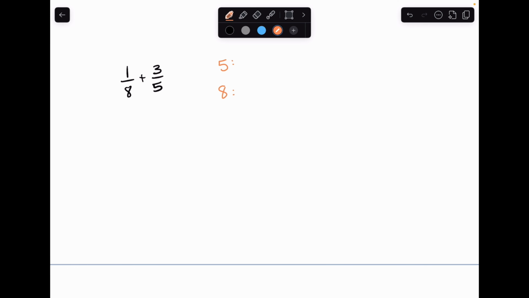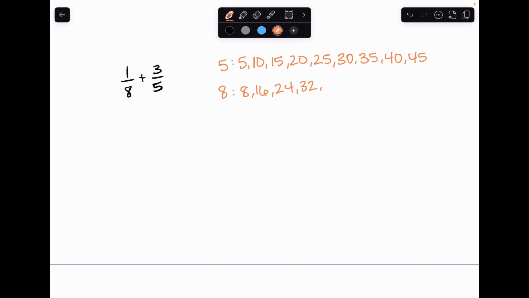So we're going to skip count 5, 10, 15, 20, 25, and we'll do 8, 16, 24, 32, and if I look, I don't have anything in common quite yet, so I'm going to keep going. 30, 35, 40, 45.